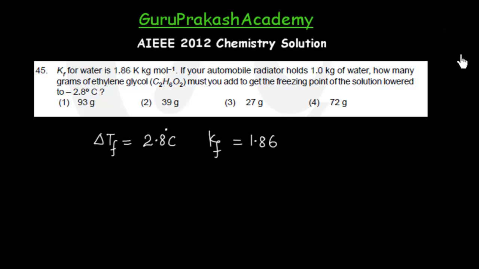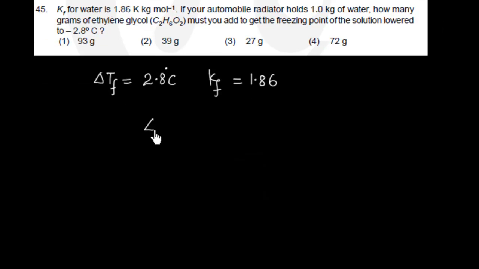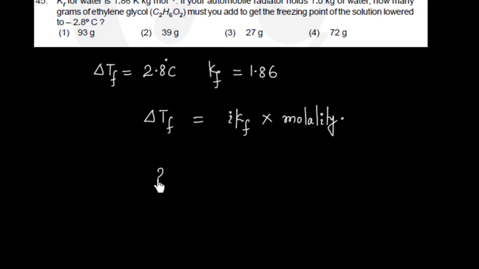Now if you remember, we have a formula, delta Tf equals i times Kf into molality. So in this case we have molality. Delta Tf is given, 2.8, and i in this case is 1 because ethylene glycol, if you dissolve it in solution, is not going to ionize or dissociate.